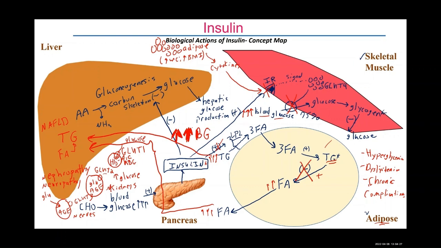And as a result, your blood glucose levels are going to go very, very high, and that's hyperglycemia. Also, what's going to happen is now your liver will start making glucose, and your hepatic glucose production will increase, and then that's going to increase your blood glucose.